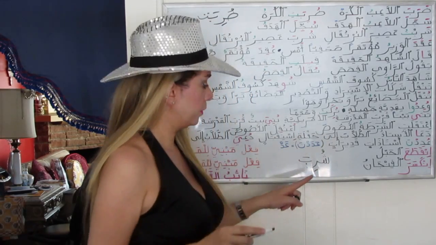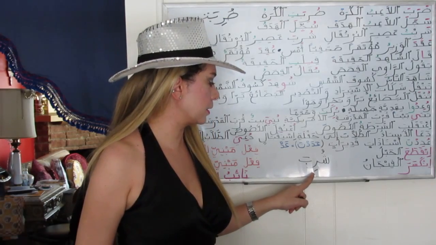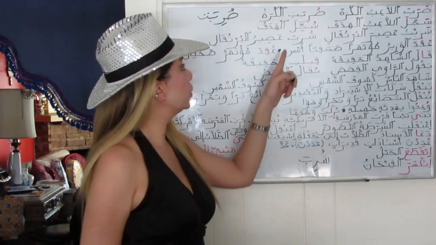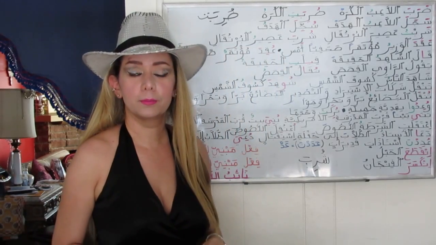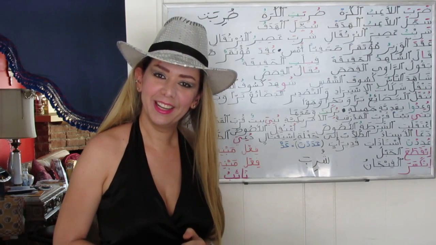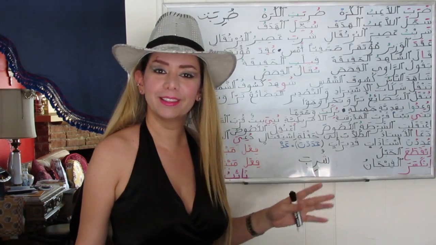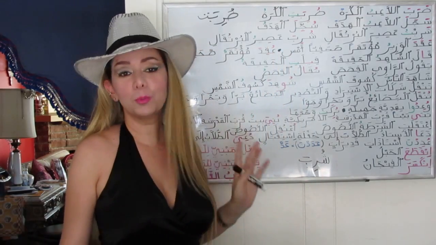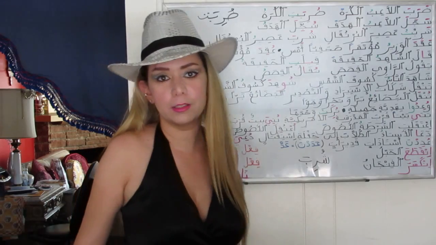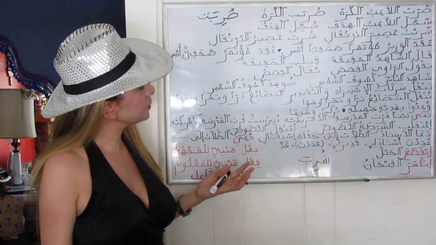We already have a kasra in the middle, so we don't need another brand new kasra. We keep the old kasra. Shuriba. So shuriba asirul burtuqali. Orange juice was drunk. Have you ever seen a drunk orange juice in the bar? Shuriba asirul burtuqal. So this is the way this sentence is translated. Orange juice was drunk. Alright?